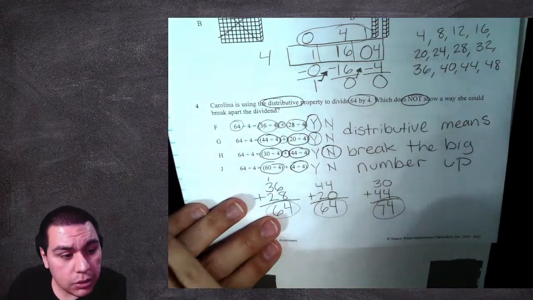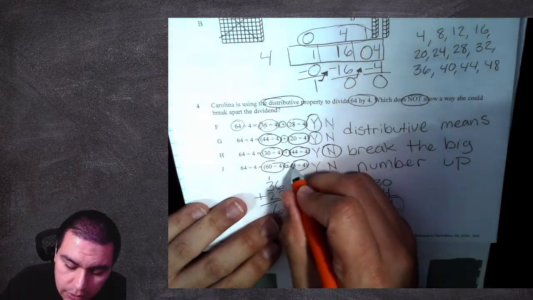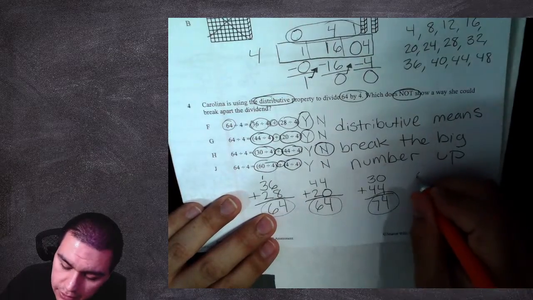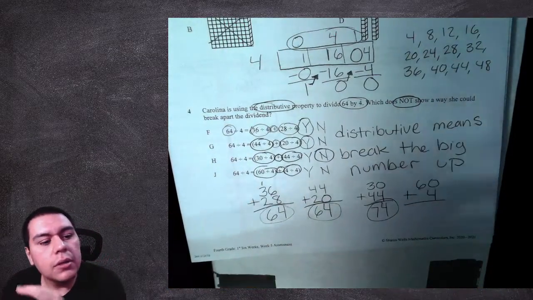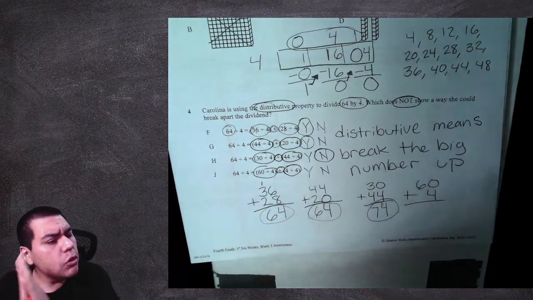The last one also has 2 pieces. It also has a plus sign. 60 plus 4. Ezekiel, what's 0 plus 4?